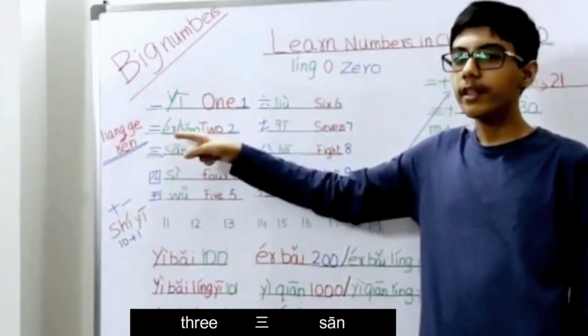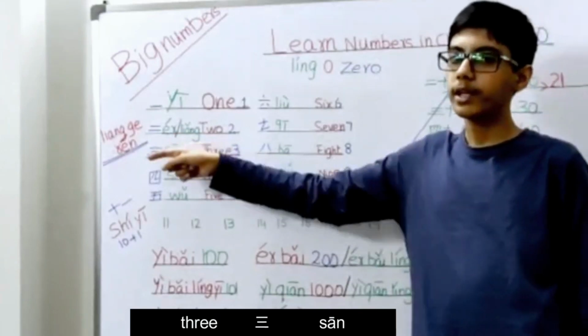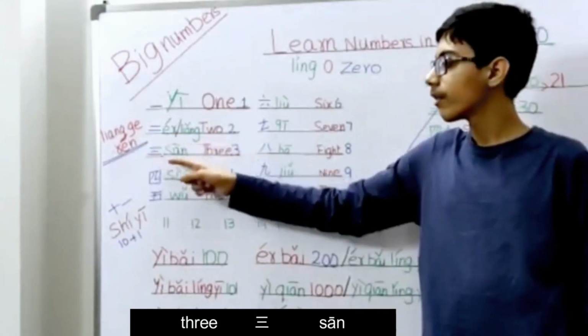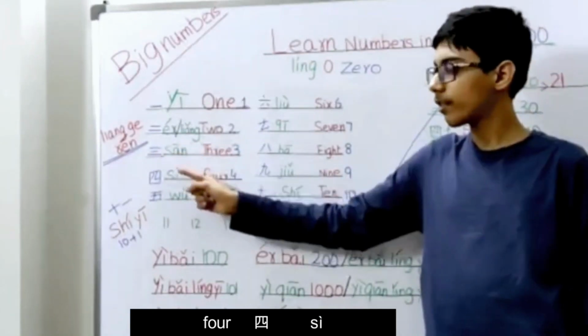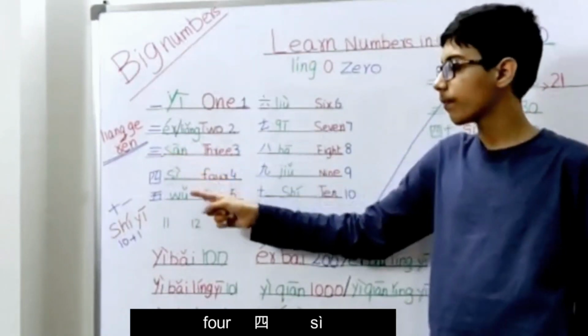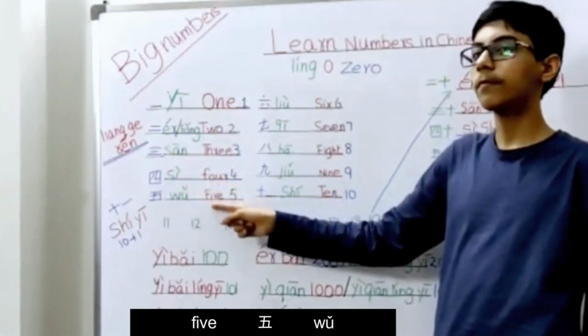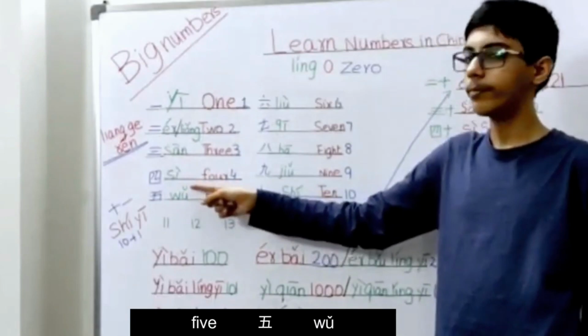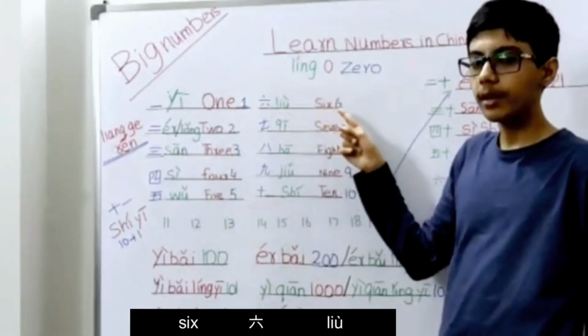Sān means 3. Sì means 4. Wǔ means 5. Liù means 6.